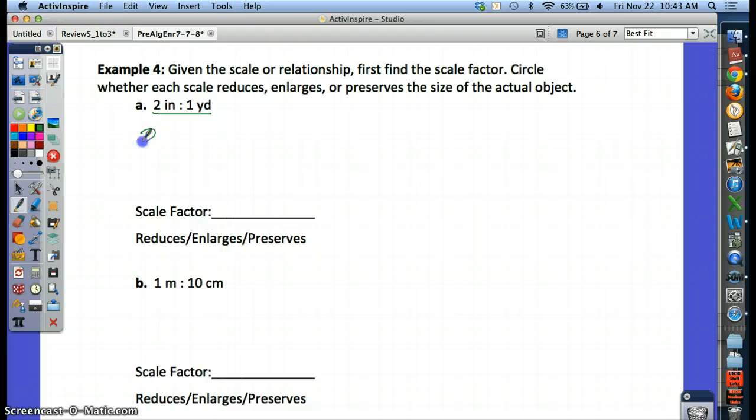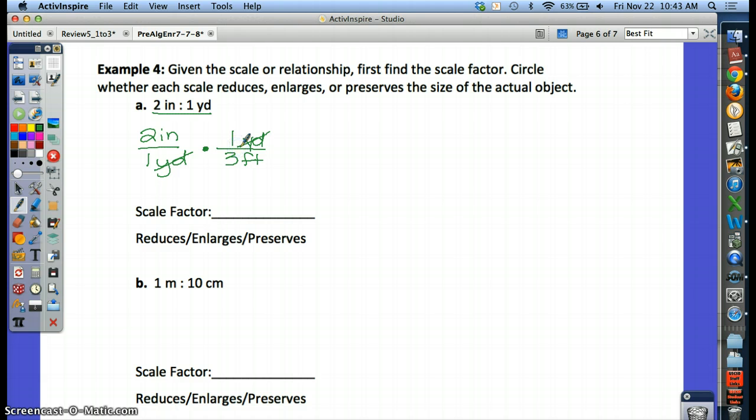Start with your ratio. 2 inches over 1 yard. Cancel out those units. You're going to multiply by a conversion factor. Yards can be converted to feet. How are those related? Well, 1 yard is equal to 3 feet. Now that gets my yards to cancel, but I still didn't get rid of my units.